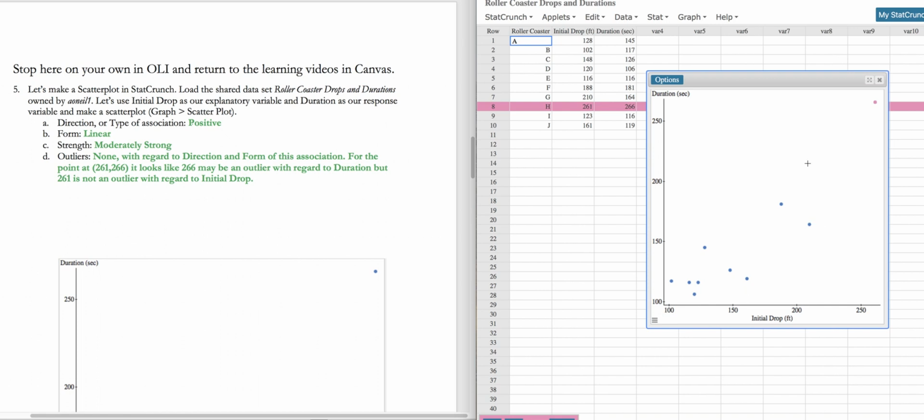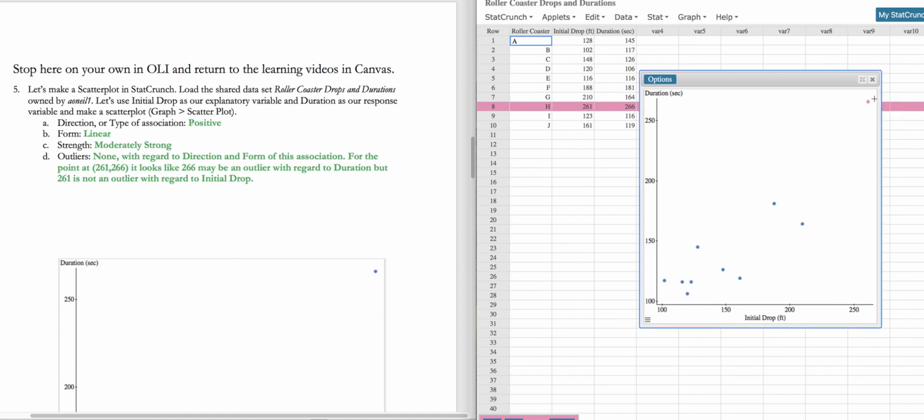On the other hand, when we're thinking about just the duration, when we're thinking about moving around this graph in only the vertical direction, we've got this point up at a duration of 181, but then we have to go all the way up to here to this duration of, oh, maybe can't see that.